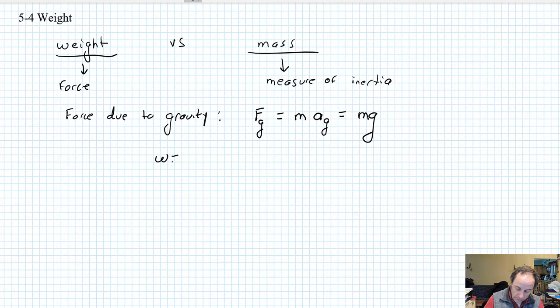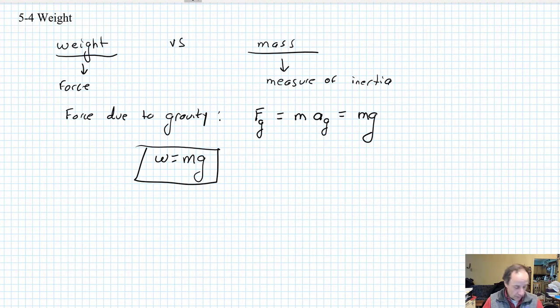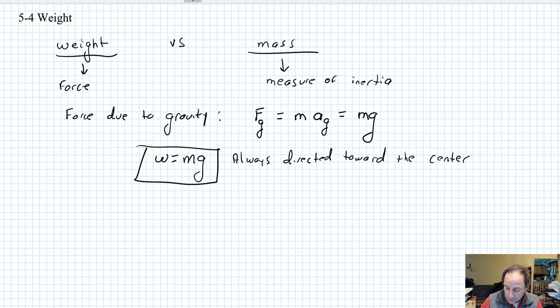So W equals mg is the relationship that we will typically use. And this is always directed toward the center of the Earth. And if not the Earth, then whatever, the center of whatever mass we're talking about.